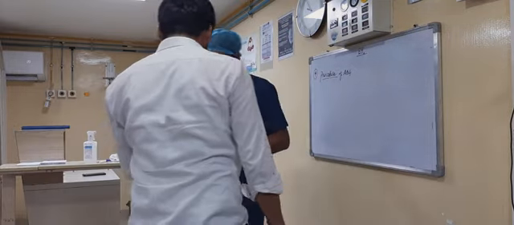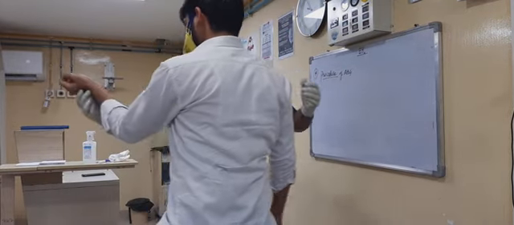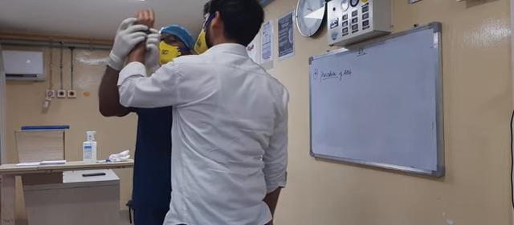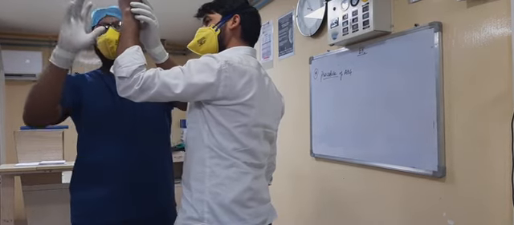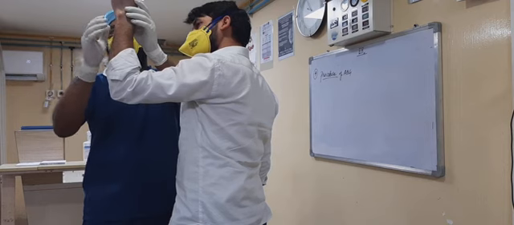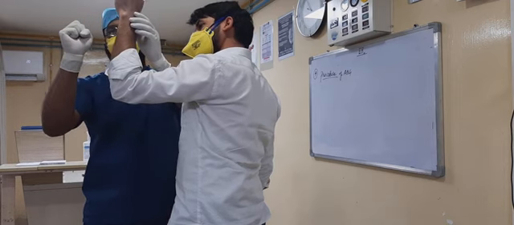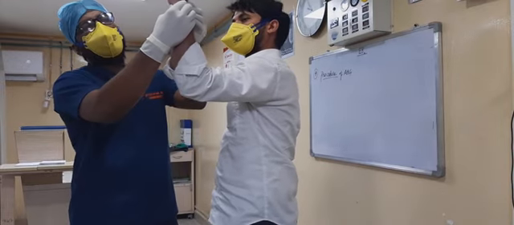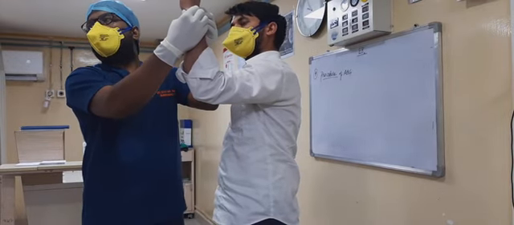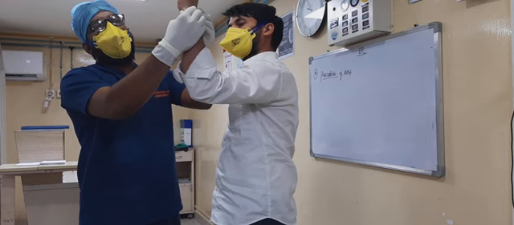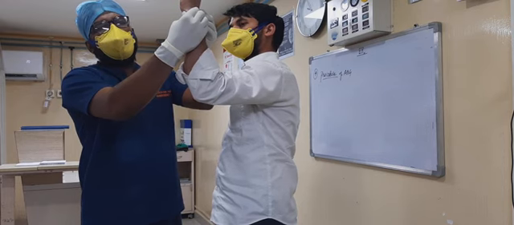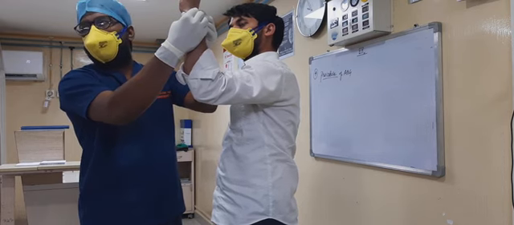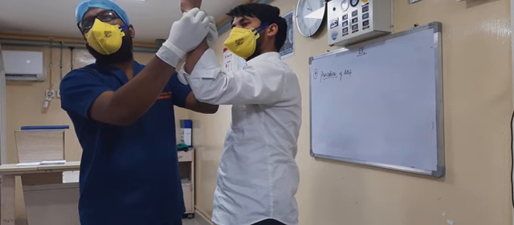So Allen's test is nothing but, see, close your hand, wrist for 30 seconds. Okay, close, compress both the radial and ulnar arteries, and after 30 seconds I will remove one of them. It may be radial or it may be ulnar.